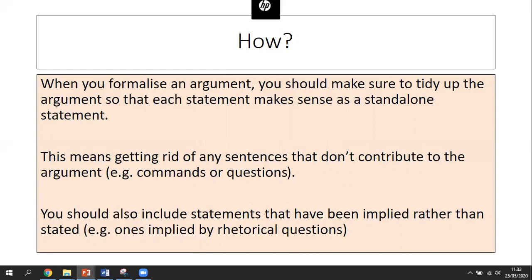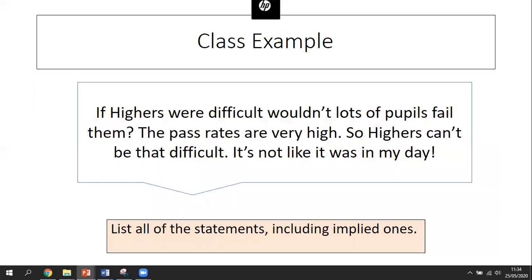I'll show you in the next example how this might work. Questions like "What day is it?" don't belong in an argument. However, a rhetorical question, which is used to get an answer out of you to support what they're saying, can be used in an argument.